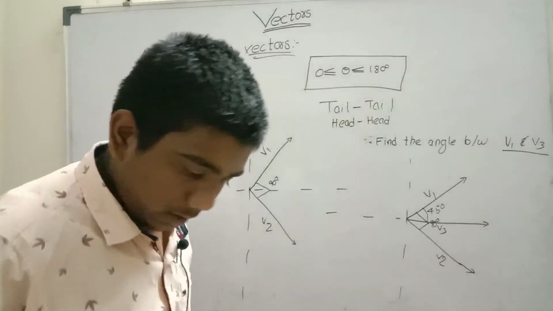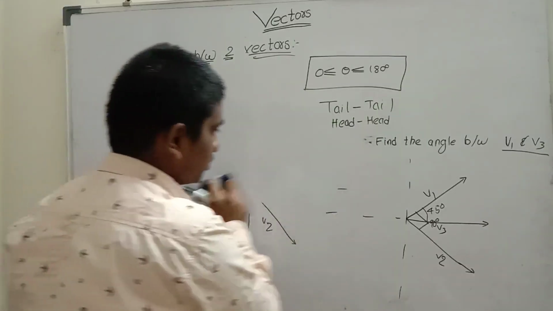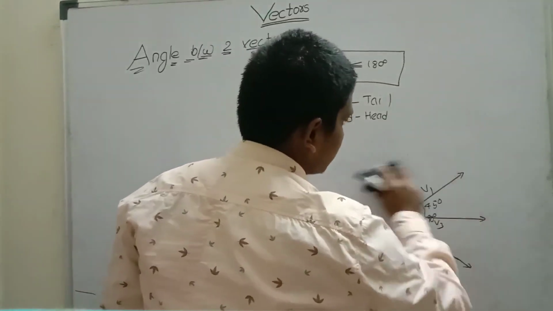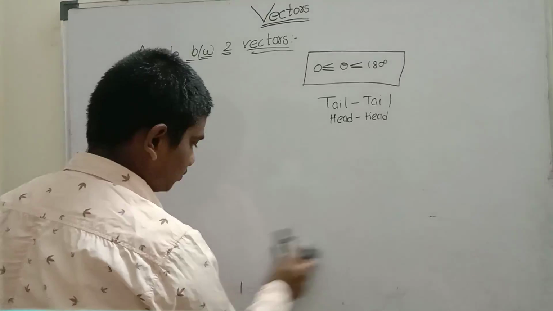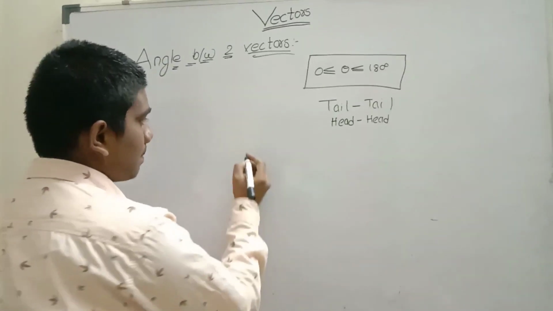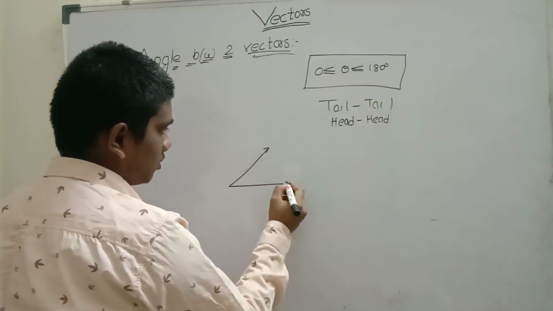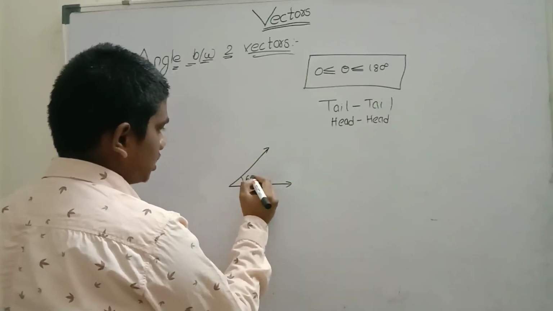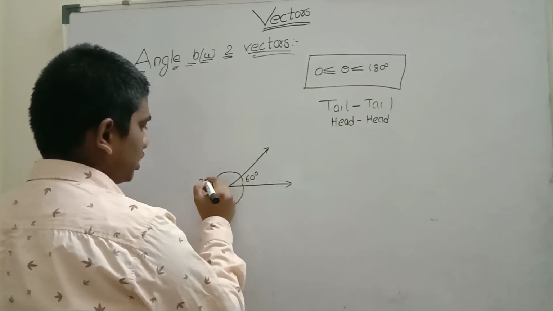Now suppose this angle is 60, so the total angle is 300.